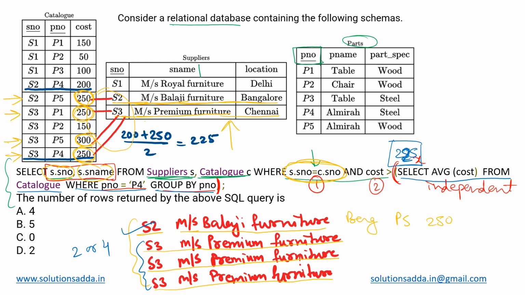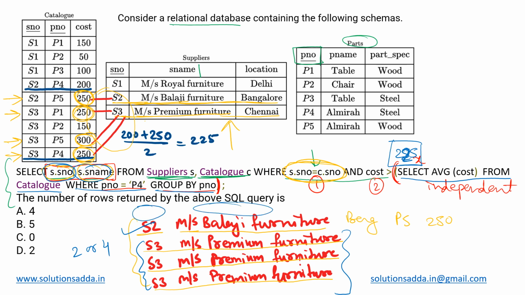Even if we are having these 3 duplicate tuples, they will all be counted separately. All of them will be given as the output. So they have to be counted as separate tuples only. So as a result, we have got 4 tuples, and from them we have selected the required attributes of S number and S name.